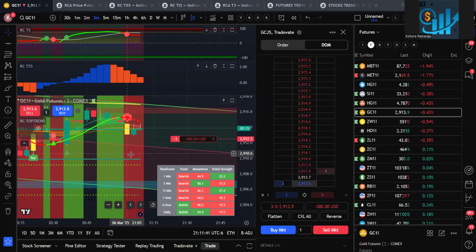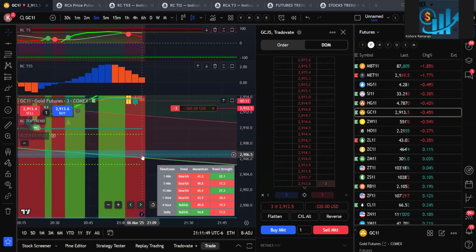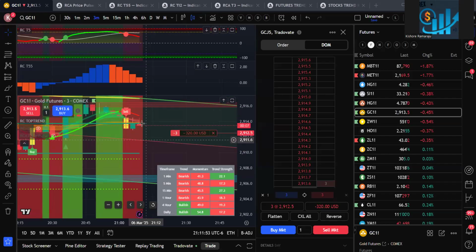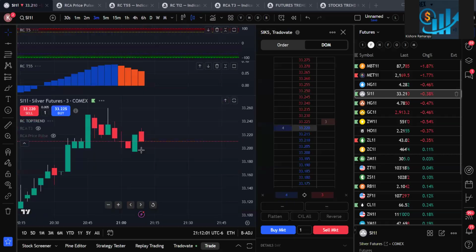So our first target is this one, 2909.8. This is our second target. PC is dropping and silver also will drop.